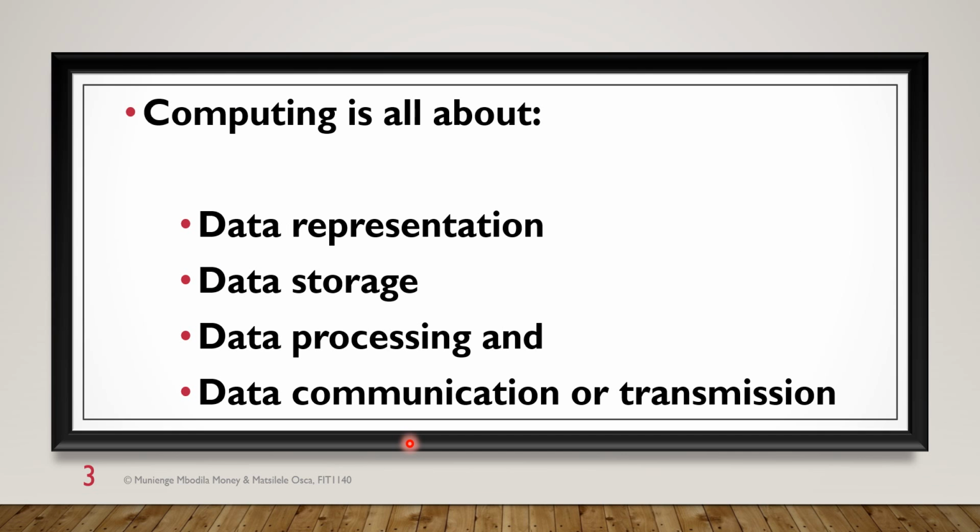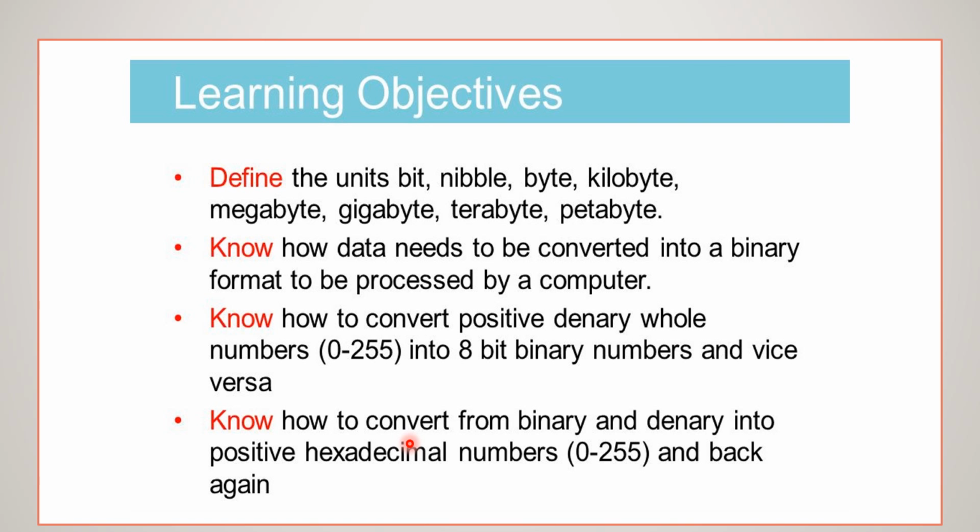If you still remember, last time I told you the learning objective of this chapter. After this chapter, you must be able to define the unit bit, and define bytes, kilobytes, megabytes, and you must know how data needs to be converted into binary format in order for it to be processed by a computer.